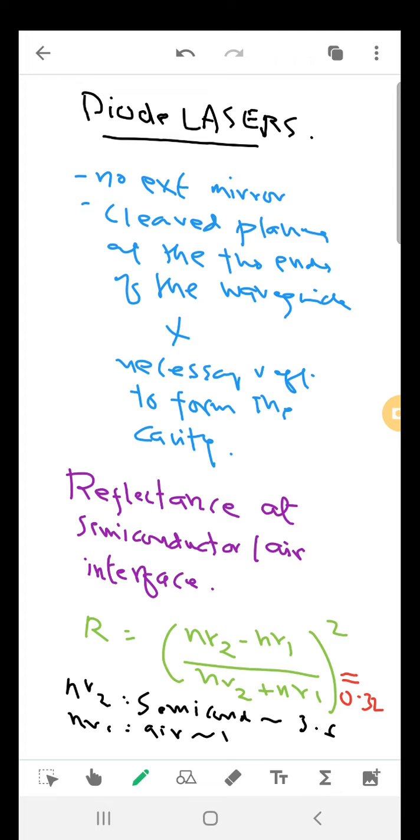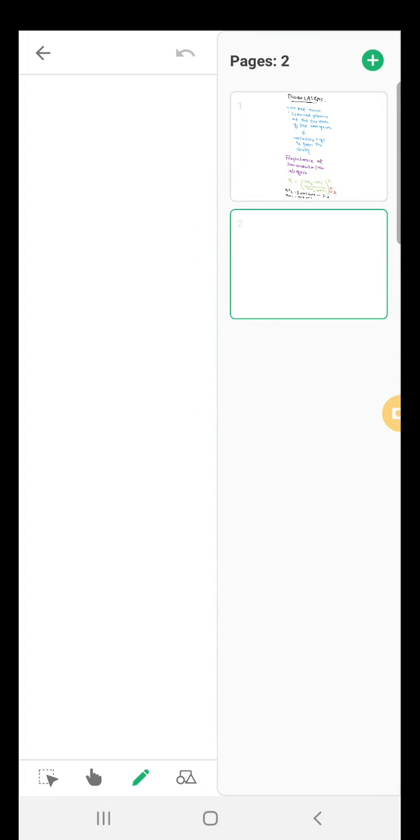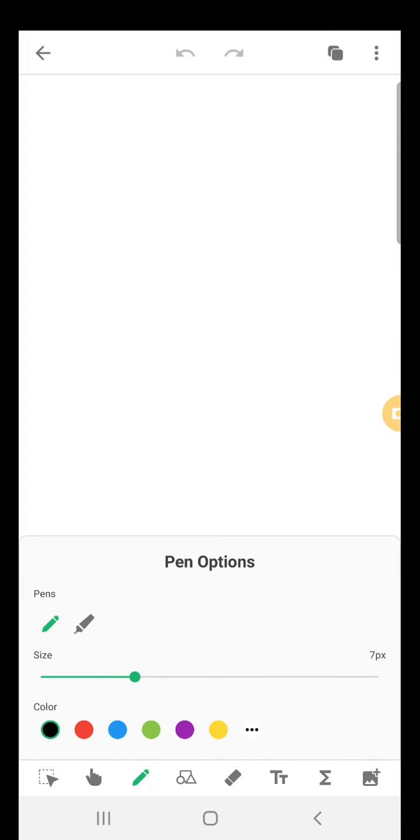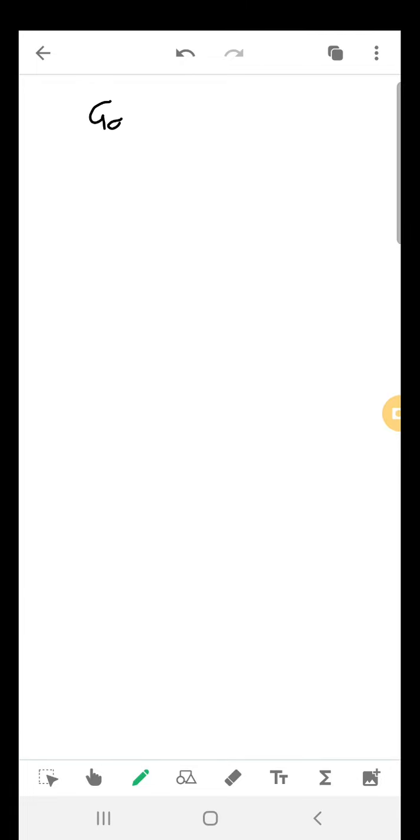For example, in case of gallium arsenide and other III-V compounds, these cleaved planes are 110 planes. Whereas in a typical junction laser, the junction coincides with the 100 plane, which is the direction of growth.